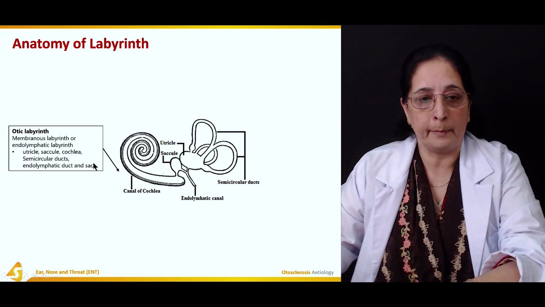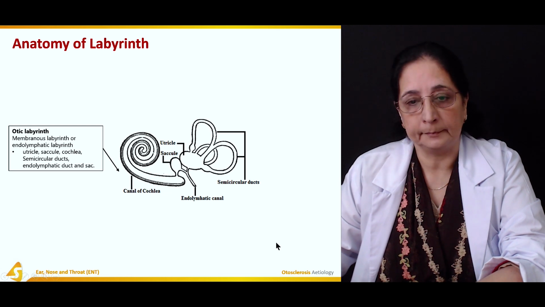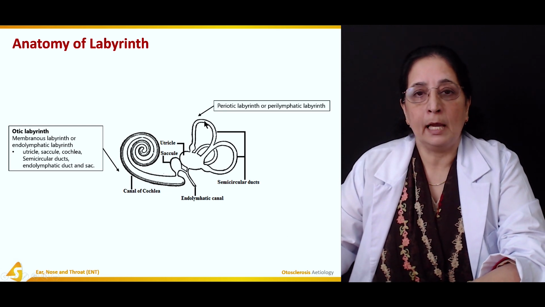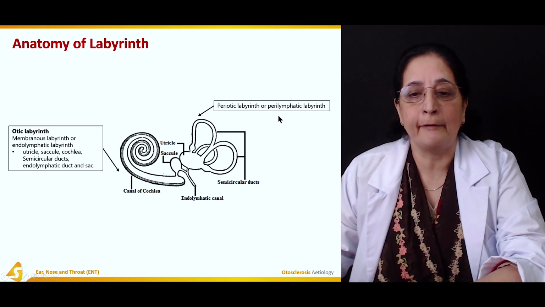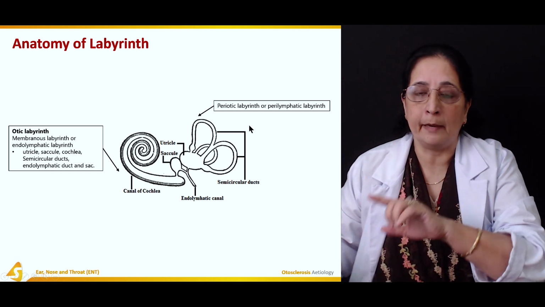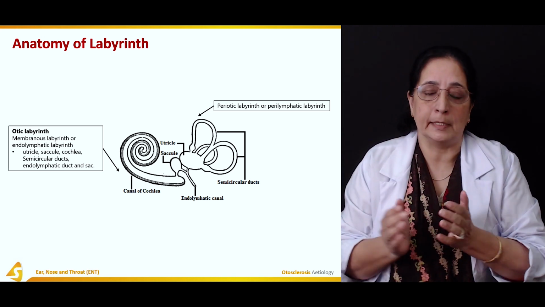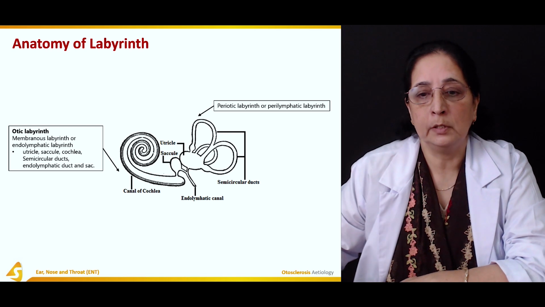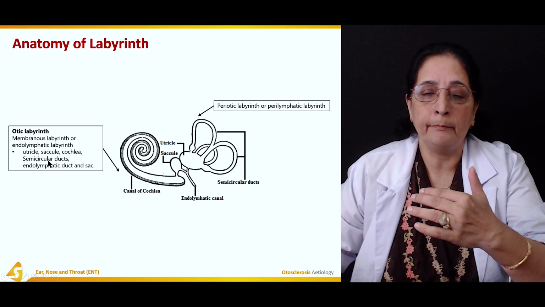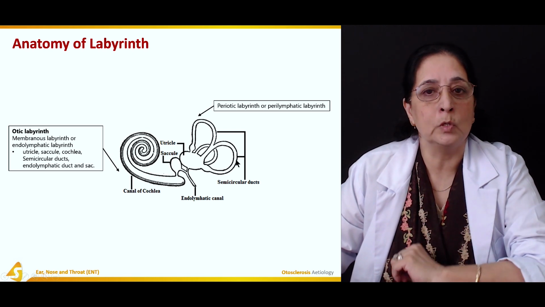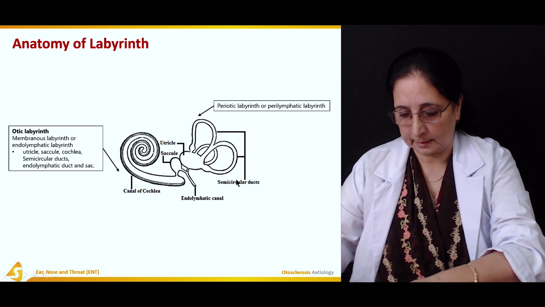Then we also have the periotic labyrinth or perilymphatic labyrinth. Peri is the fluid that surrounds the labyrinth, around the labyrinth. So that's the perilymphatic labyrinth. And endolymph is the fluid that flows inside the semicircular canals or ducts.